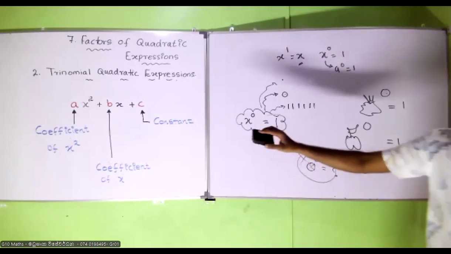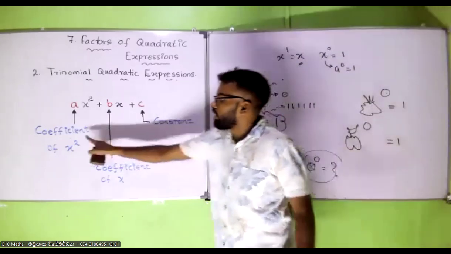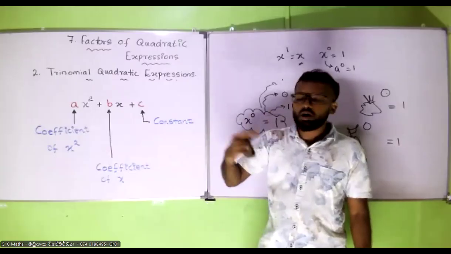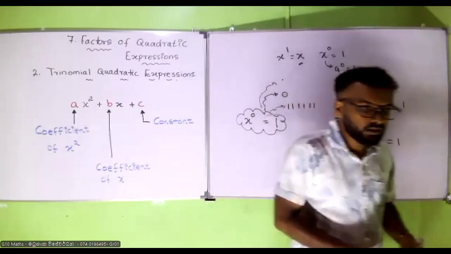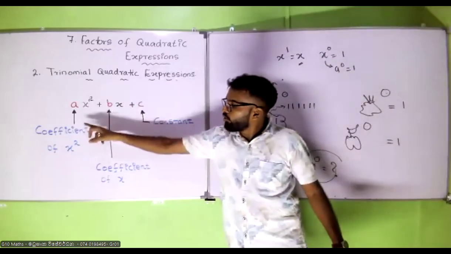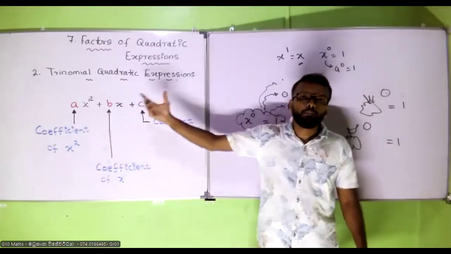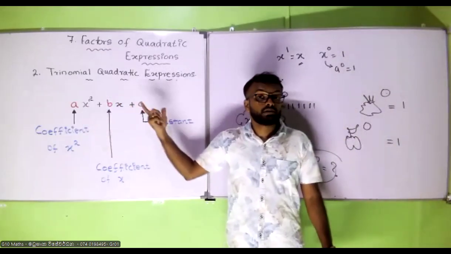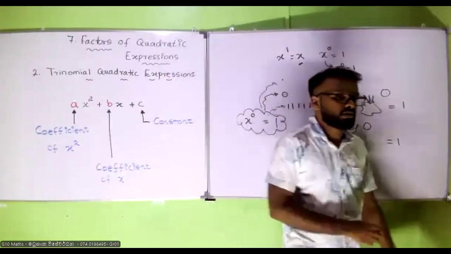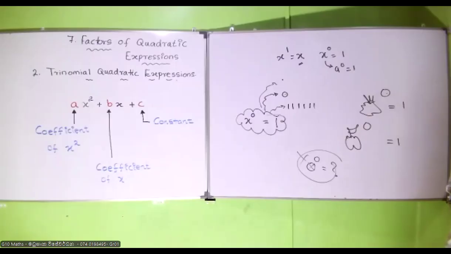Keep these things in your mind: how to pronounce and how to refer to them, how to label them. A, coefficient of x squared. B, coefficient of x. C, just a constant. And so on.